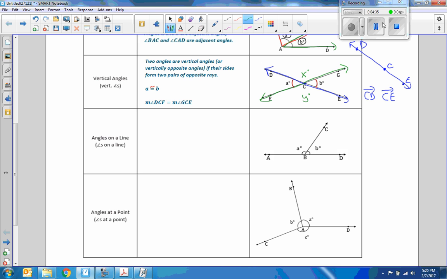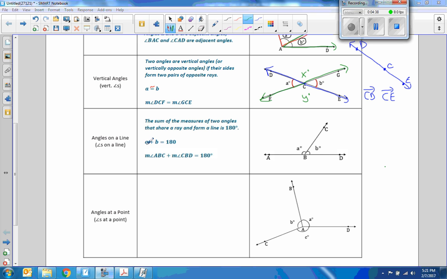Next one, angles on a line. The sum of the measures of two angles that share a ray and form a line is 180 degrees. Here they're showing angle A plus angle B equals 180 degrees. Or you can say the measure of angle ABC plus the measure of angle CBD equals 180.